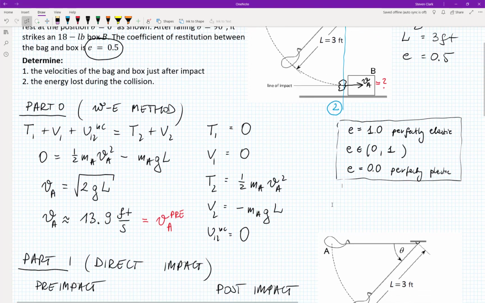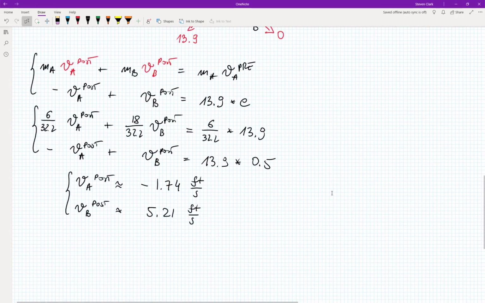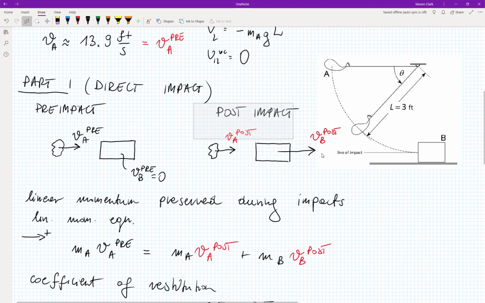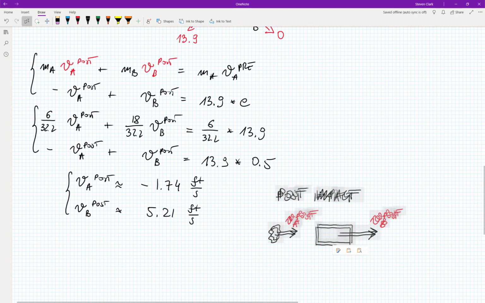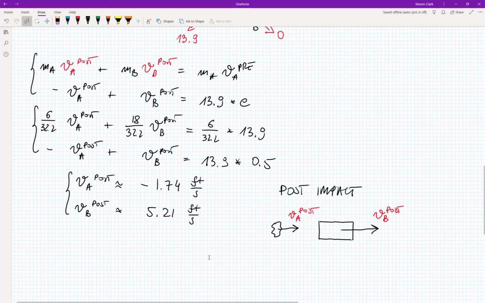I don't see any. So I just want to show you one more thing, because it looks like my assumption was incorrect. Yeah, because we obtained a negative value here. We obtained negative value here. So that means that post-impact, our velocities will look like that.